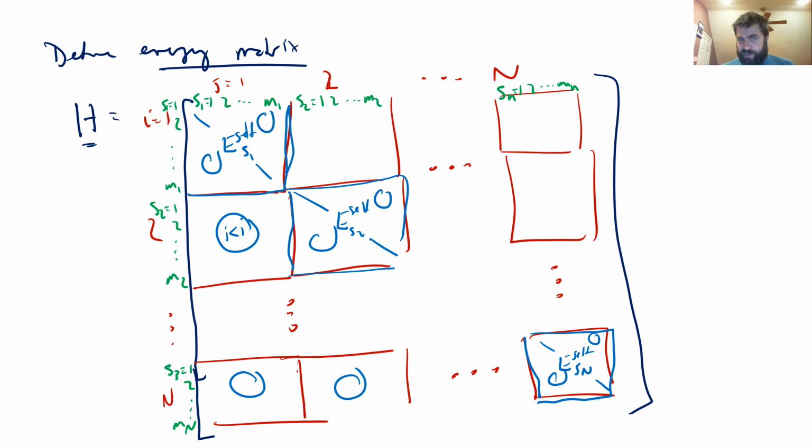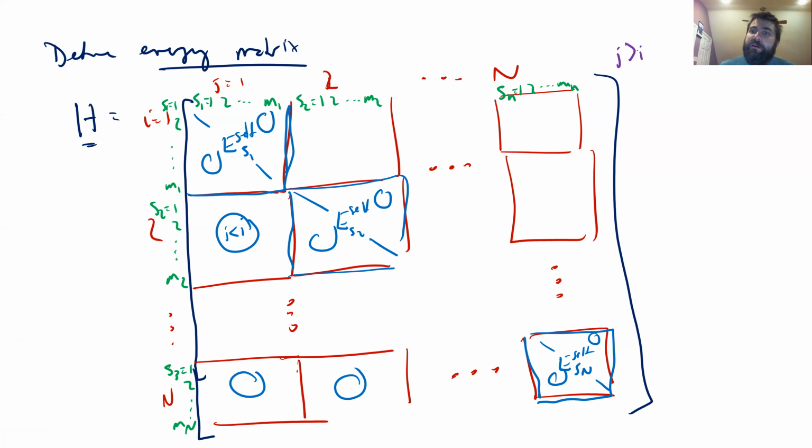So it's actually also a strictly upper triangular matrix, as well as an upper triangular block matrix. And then we have the pieces above the diagonal. The blocks above the diagonal include all of the cases where J is greater than I.